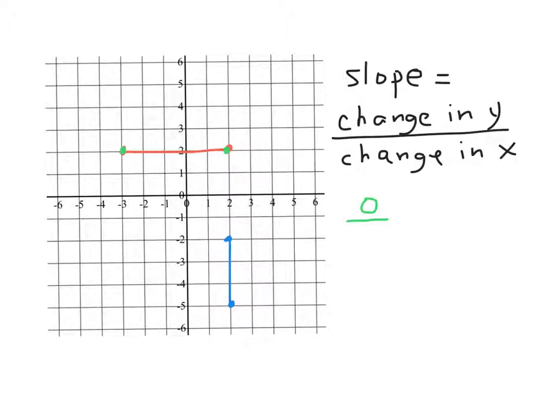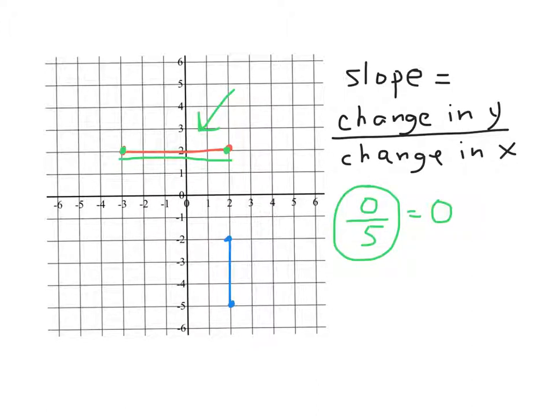And my change in x, I'm going to move over 1, 2, 3, 4, 5. It's 0 over 5. Well, 0 divided by 5 is just equal to 0. 0 divided by anything is equal to 0. So, in this particular case, I just have a slope of 0. All horizontal lines have a slope of 0.